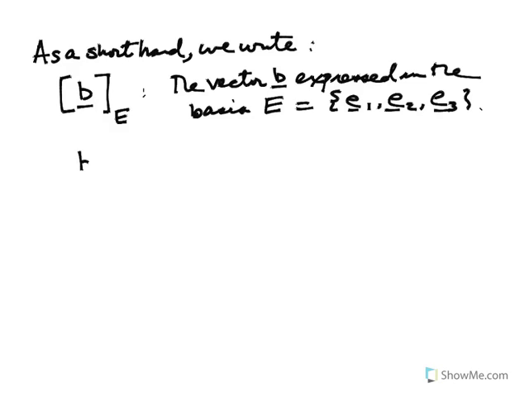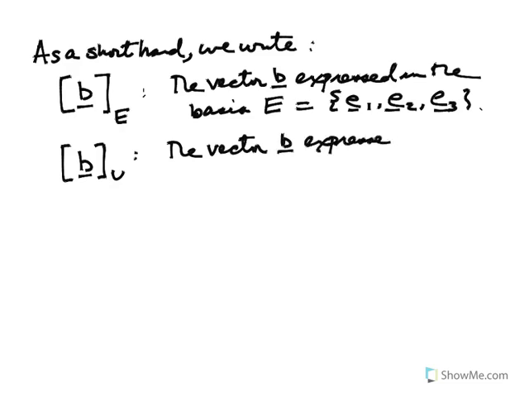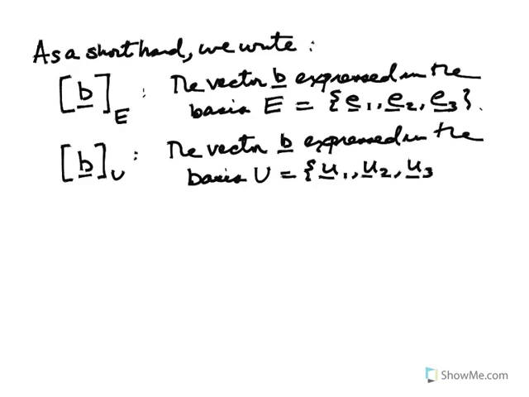Similarly, we can say B expressed in U is the vector B expressed in the basis U equals U1, U2, U3.